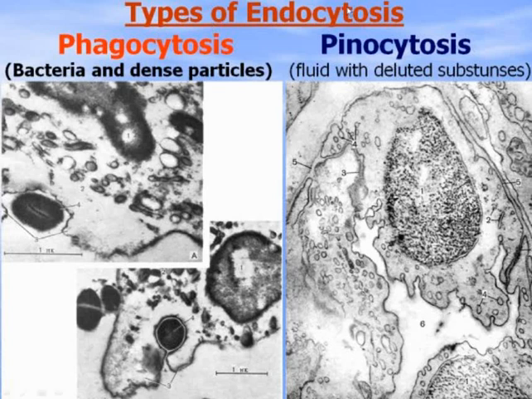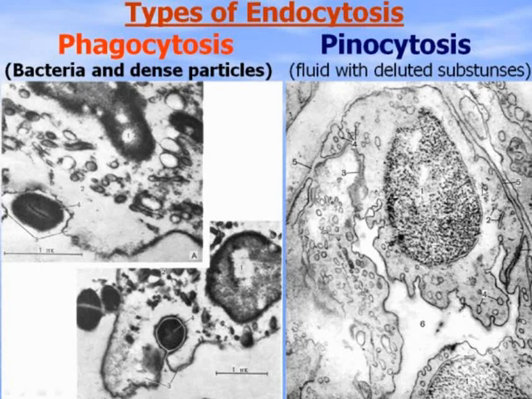There are two types of endocytosis: phagocytosis for bacteria and dense particles. You see the leukocyte, which using pseudopodia catches the bacteria and takes it inside the cell covered by membrane, and then digests it using lysosome enzymes.